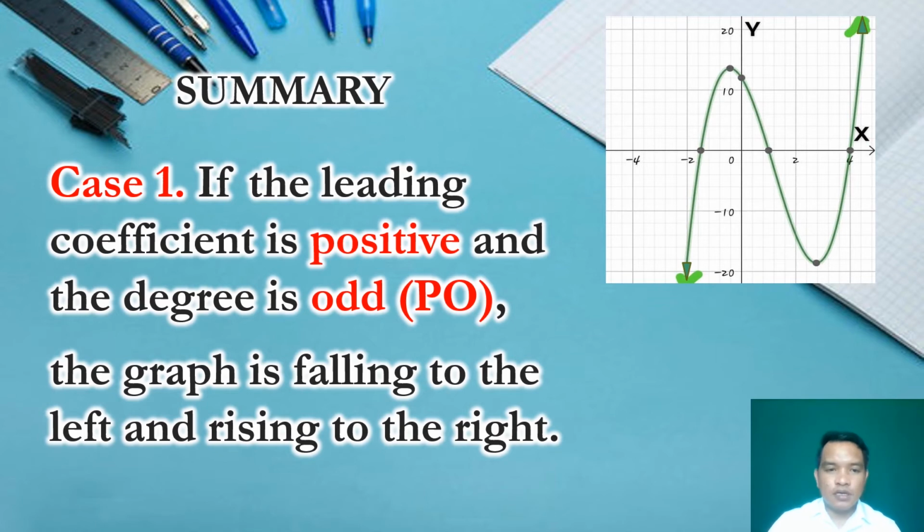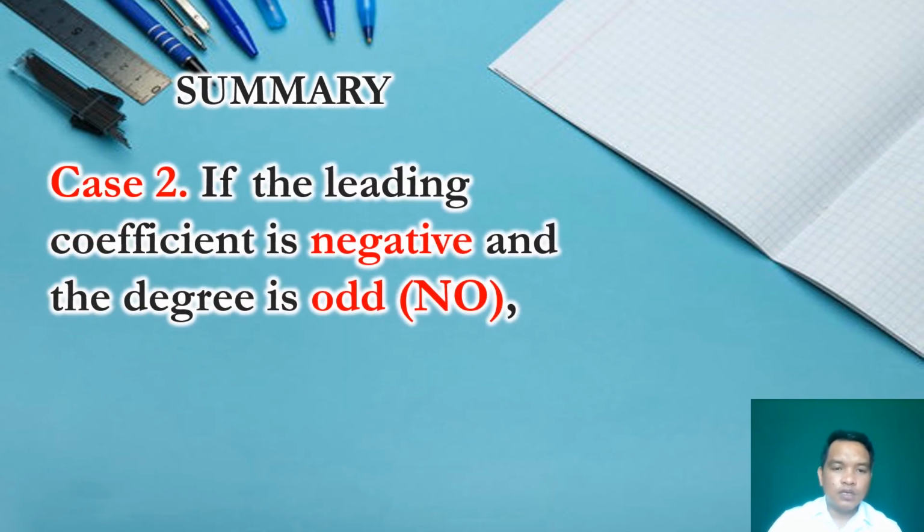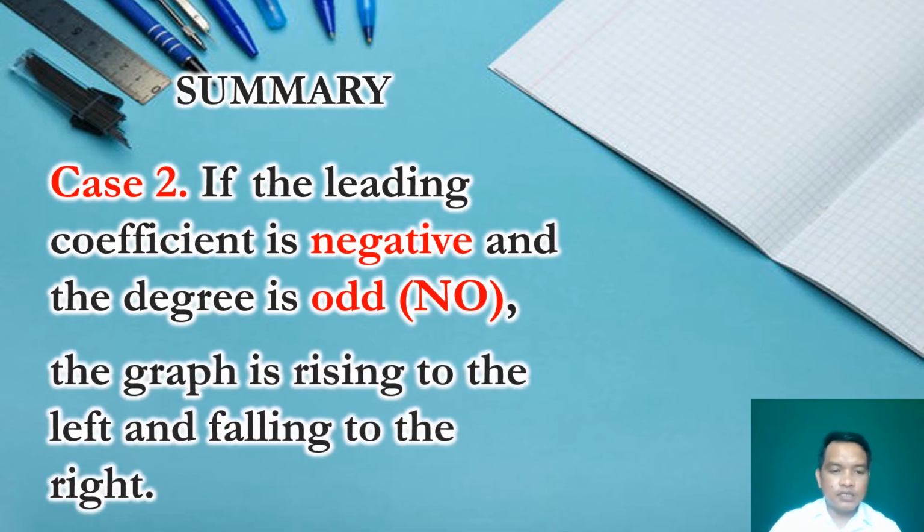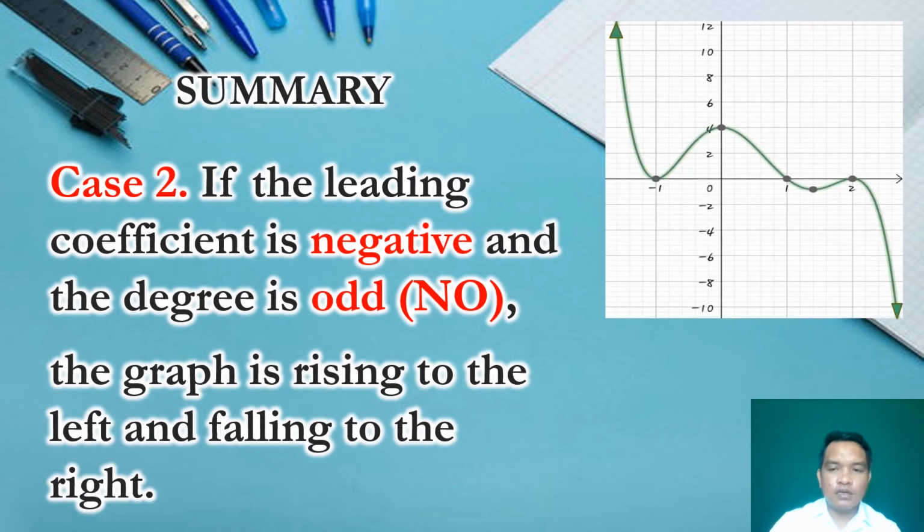Case number 2. If the leading coefficient is negative and the degree is odd, or NO, the graph is rising to the left and falling to the right, like this.